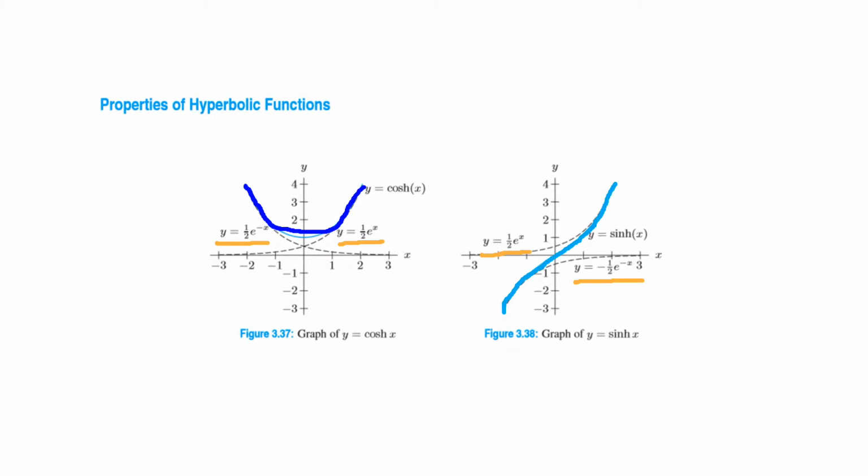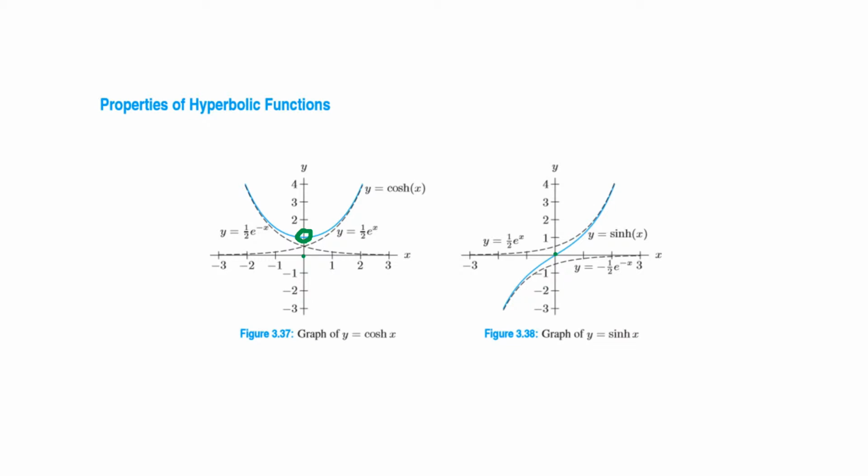There are two interesting facts about hyperbolic cosine of x and hyperbolic sine of x. Let me look at when x equals 0 at this point. On the hyperbolic cosine of x, when x equals 0, y equals 1.